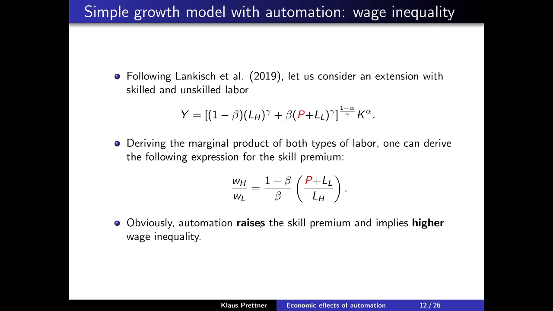So, as is obvious from this expression, automation raises the skill premium and would imply higher wage inequality. And that's intuitively clear because, up to now at least, automation capital can more easily substitute for low-skilled workers, for example at the assembly line, than for high-skilled workers. So there it's still more difficult than in comparatively routine tasks.